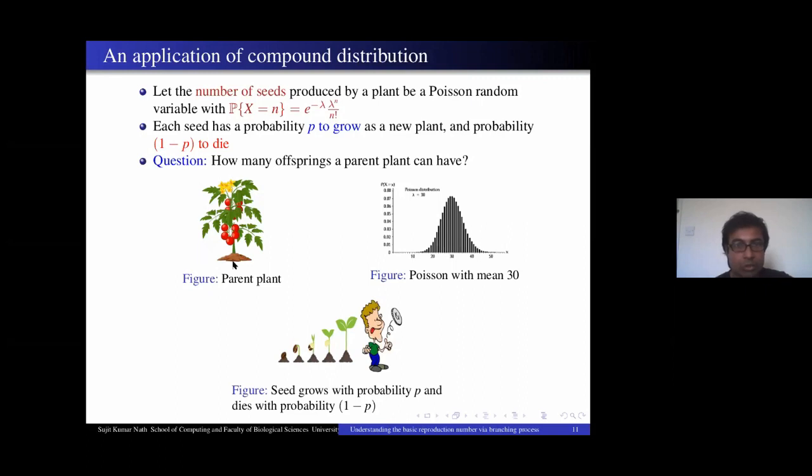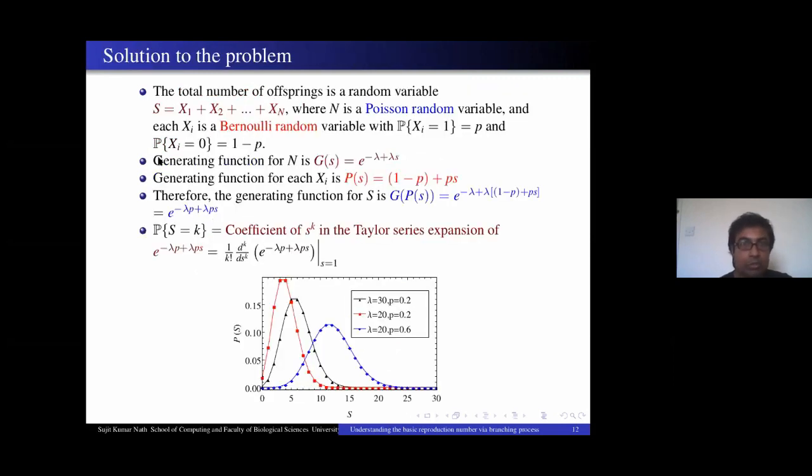Here there are two types of randomness. One is the number of seeds produced by this plant, which is Poisson distributed, and another is whether a seed grows or not. That is determined by a Bernoulli trial with probability p of success and 1 minus p of failure. So this is nothing but again the sum of a random number of random variables, where N is the number of seeds produced by that plant, and all these Xi's are IID random variables with Bernoulli distribution.